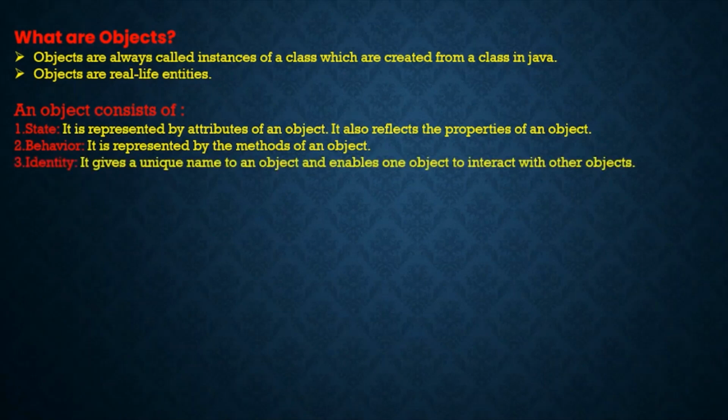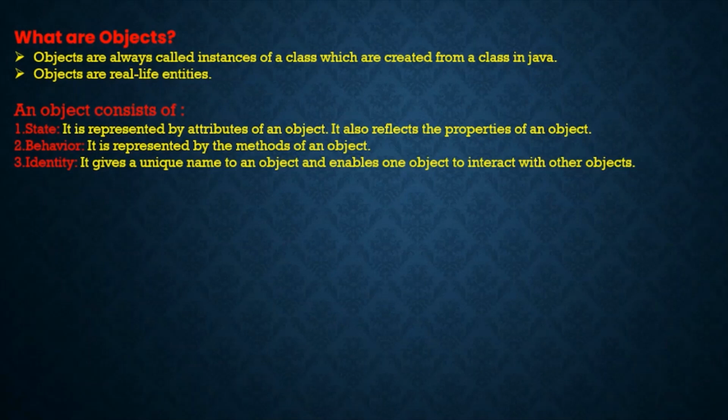Okay, and identity. Identity means we will create the object and to hold that object we will refer to it with a reference variable. I will create the object and I will tell the identity. Every object is having some identity. For example, we have created object 1, obj1, that is one identity, and object 2, for example, obj2.